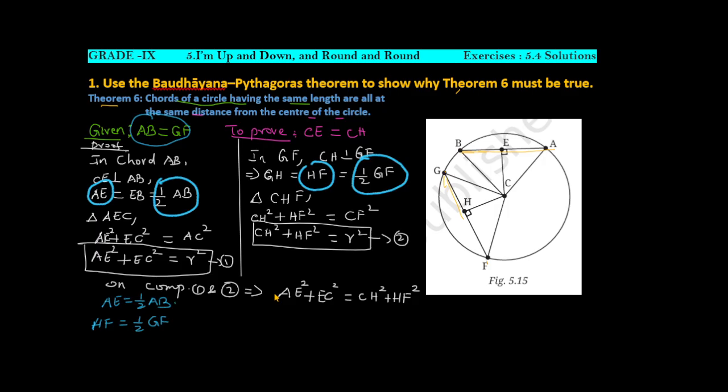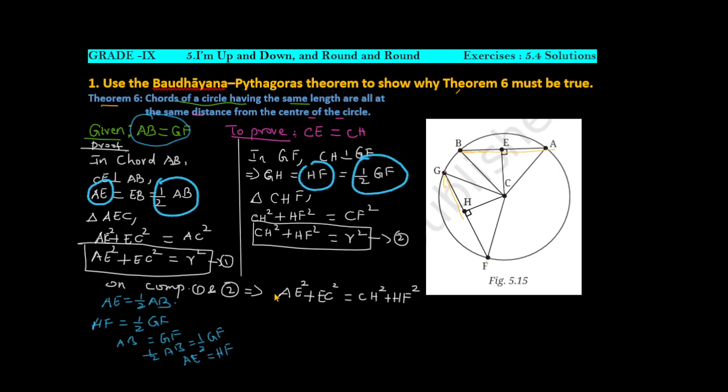Half of AB is equal to half of GF, since AB equals GF is the given condition. Half of AB is AE, which is equal to half of GF, which is HF.